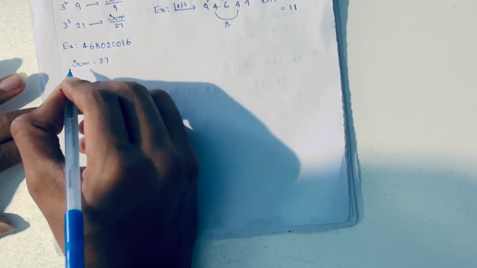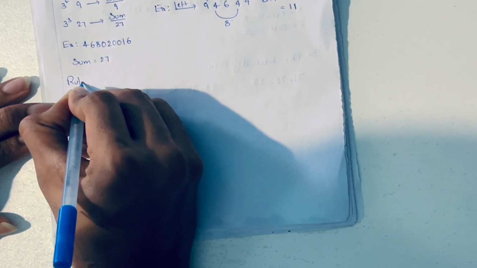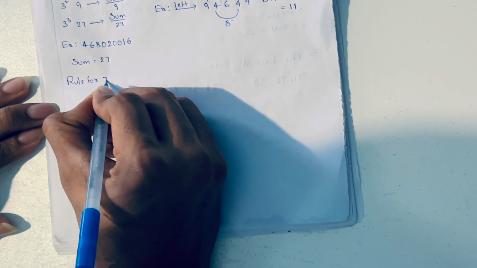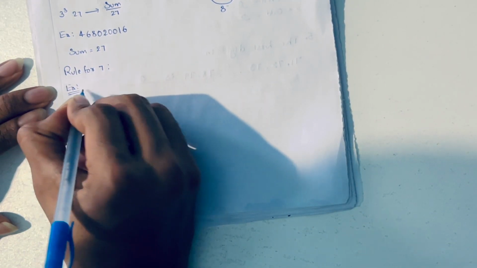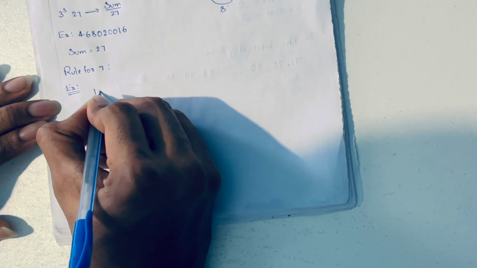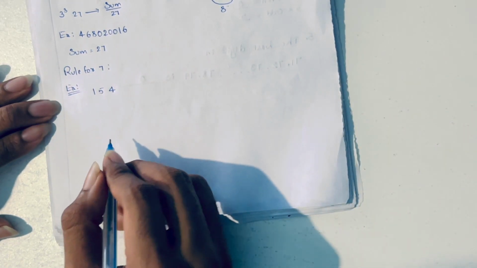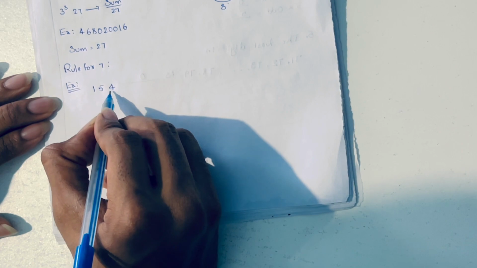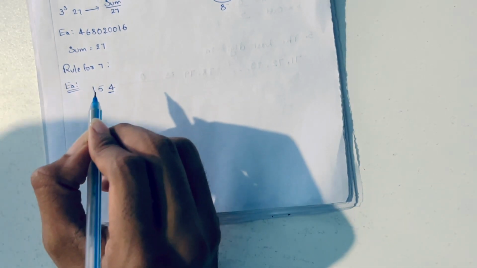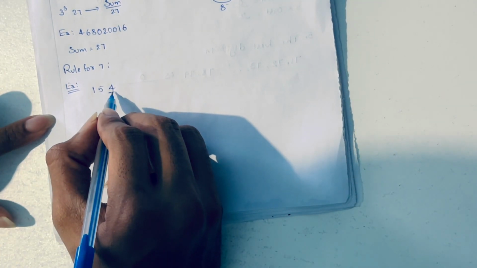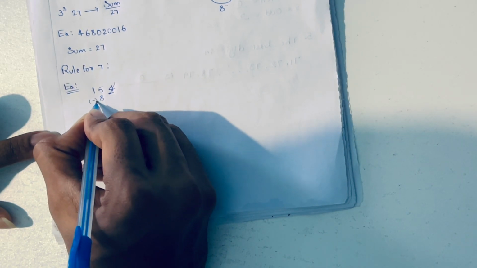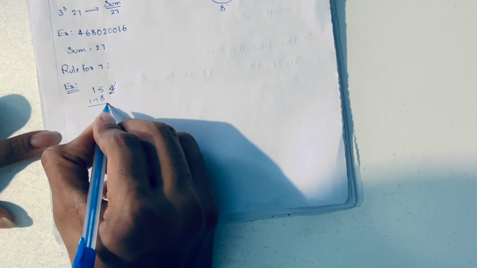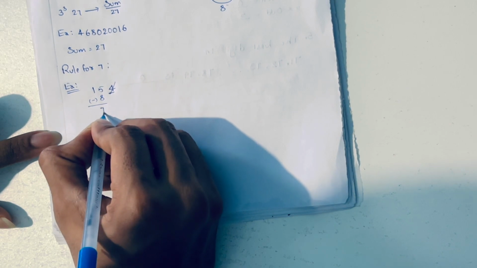So we are moving towards the divisibility rule for 7. In this case we are solving the example 154. We need to take care of the last digit, just double this last digit. 4 to 8, put it over here, cancel this value, and just subtract from the upper value, that means we have 7.